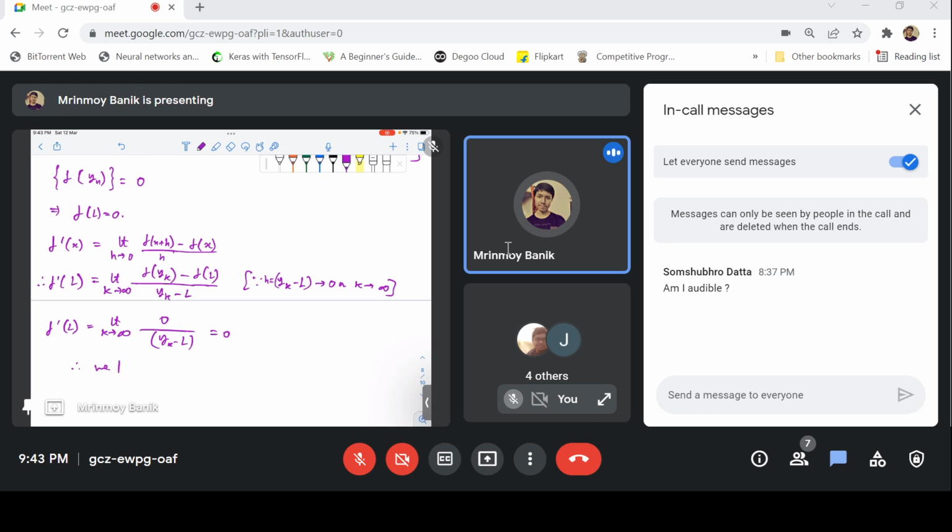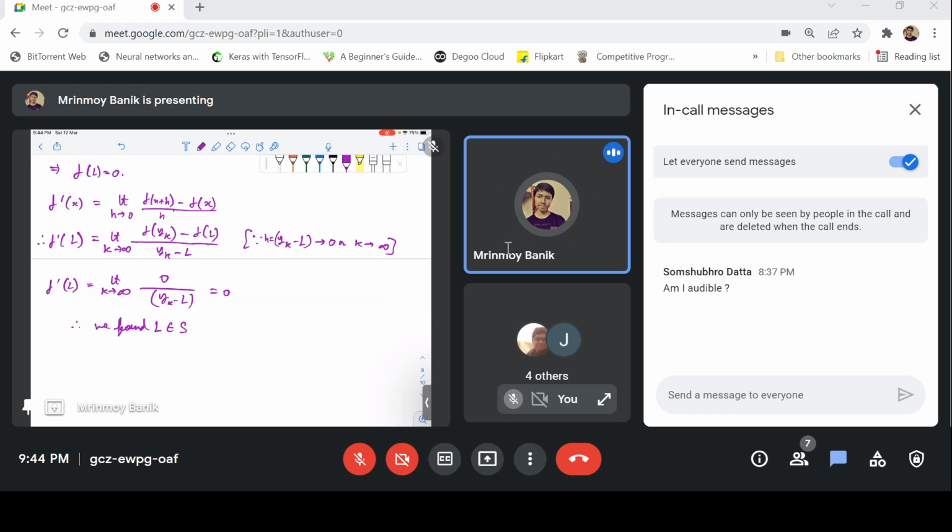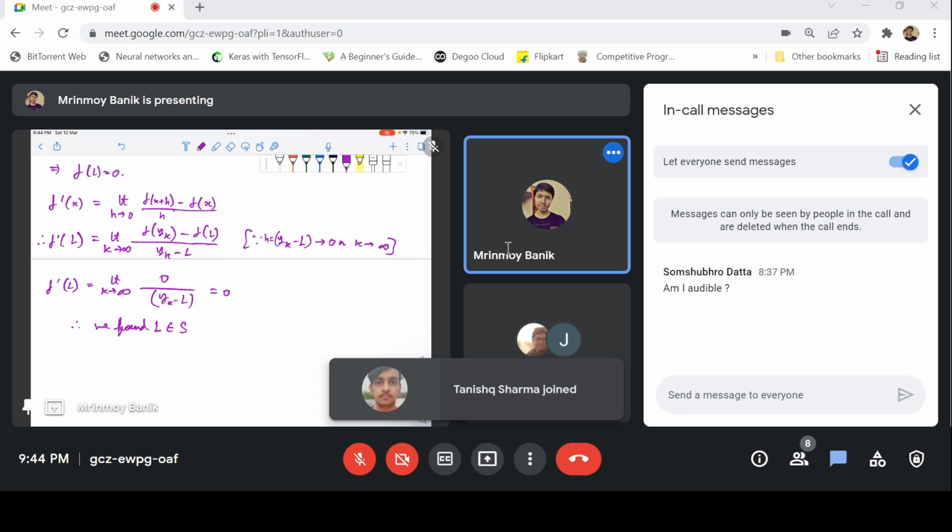Therefore, we found L inside the set S. The limit point is inside the set.